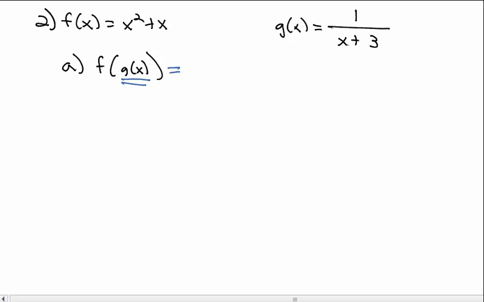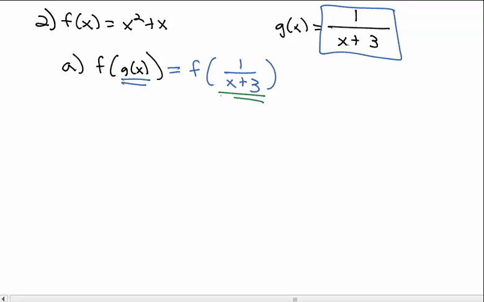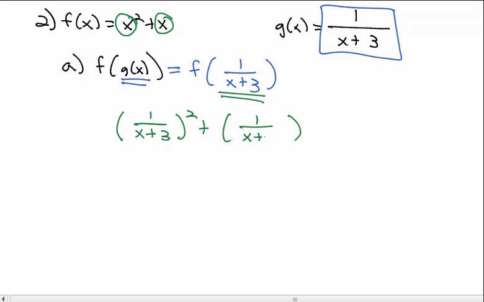So again, g of x, the inside stuff is this fraction, so we've got f of that fraction, 1 over x plus 3. So that fraction goes into replacing both x's. So f is stuff squared plus stuff. That's 1 over x plus 3 squared plus 1 over x plus 3.